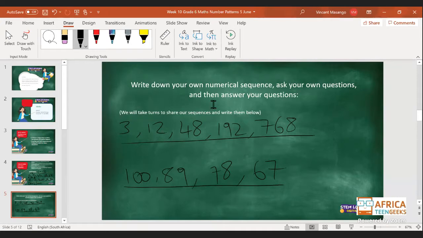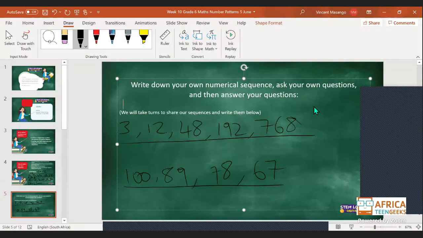What did you do? Because remember, you had to answer your own questions. Right, so we multiplied each term by 4. Okay, so multiplied each term by 4, right?